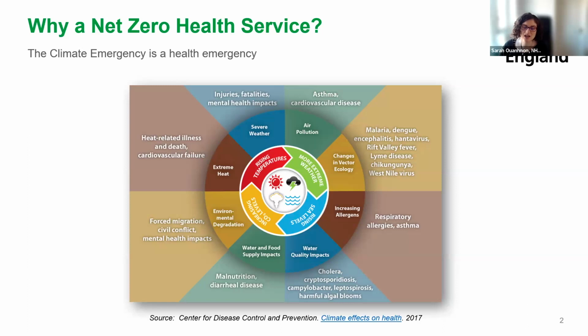And we know that extreme weather events, air pollution, new diseases, all of this is having an impact on our population. And it's starting right now. Last year in England, we had a really warm summer in 2022, and we estimate almost 3,000 excess deaths just in that heat wave. So it is something that is affecting us right now.